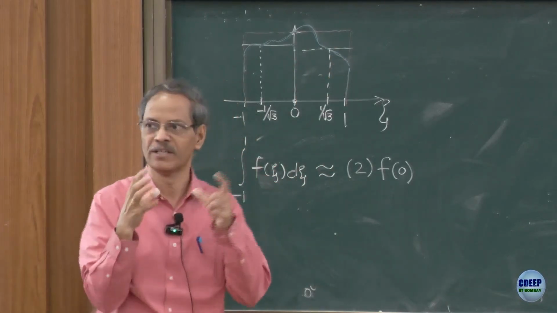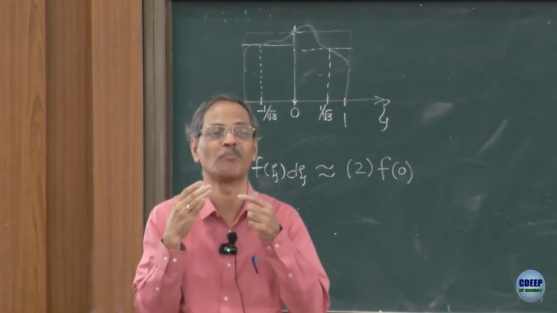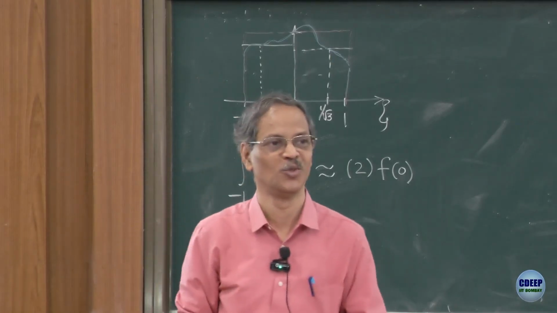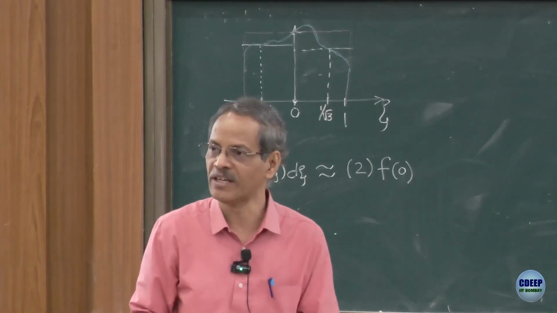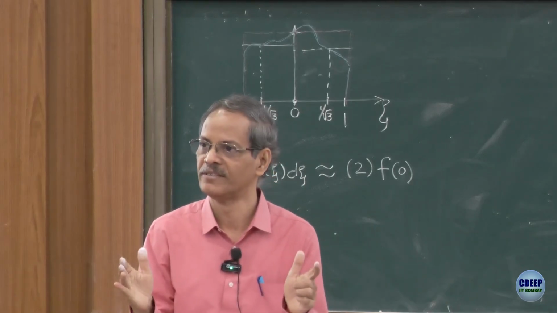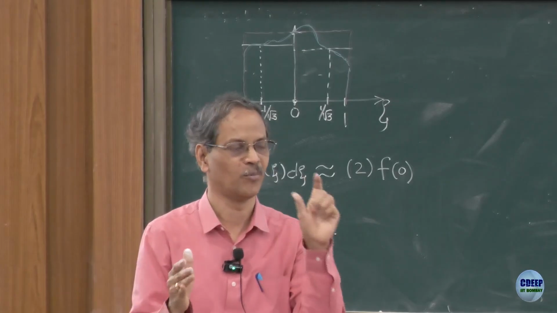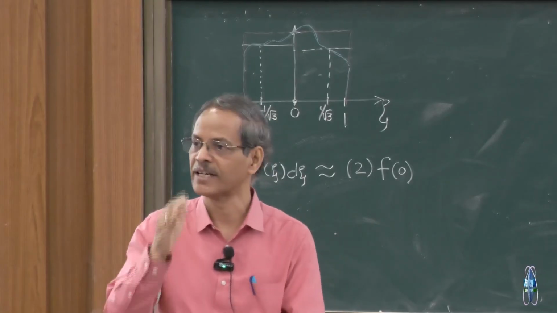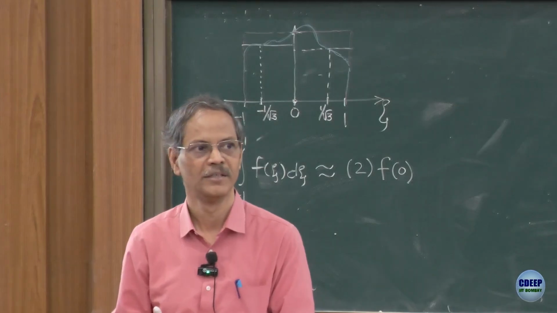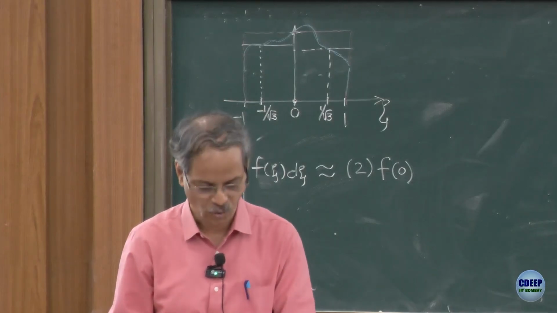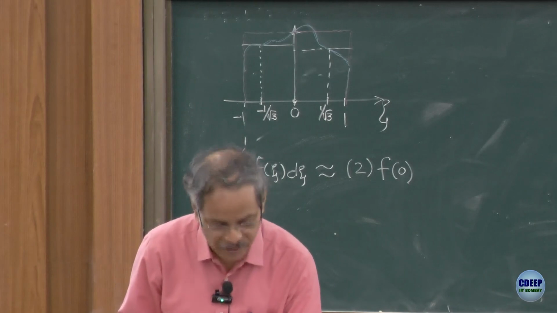So, that sum is your best approximation to the area under the curve. If it is 3 points, again he gives you 3 selected points and then the corresponding weights. Okay. Is that fine? So, is the method understood?